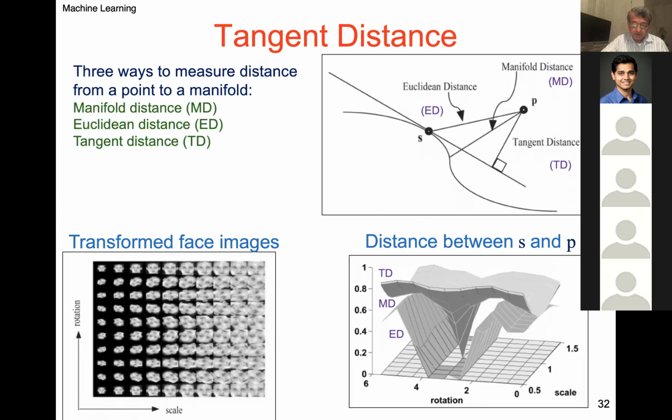And what we're doing here is plotting the distance, let's say, between the origin and the particular image. And as you change the scale and rotation, that distance keeps changing. And there are three surfaces shown here. This dark gray here, and then this slightly lighter gray here, and then the lightest gray on top. The lightest gray on top is the tangent distance, and below that is the manifold distance, and this lowest one is the Euclidean distance between the origin and the point.